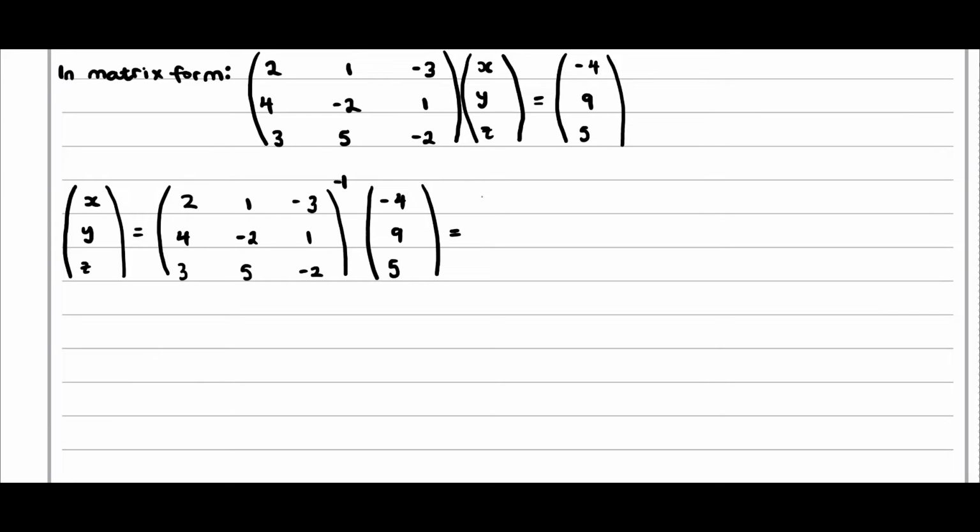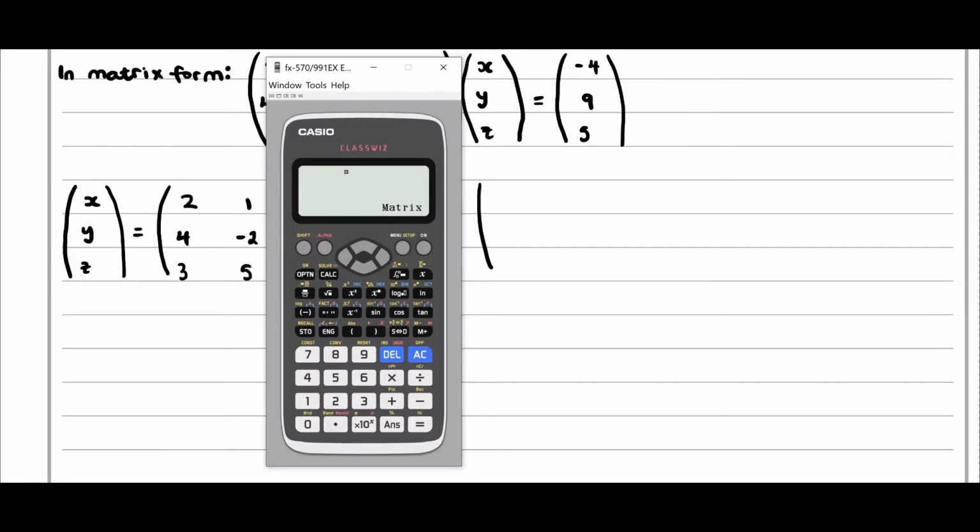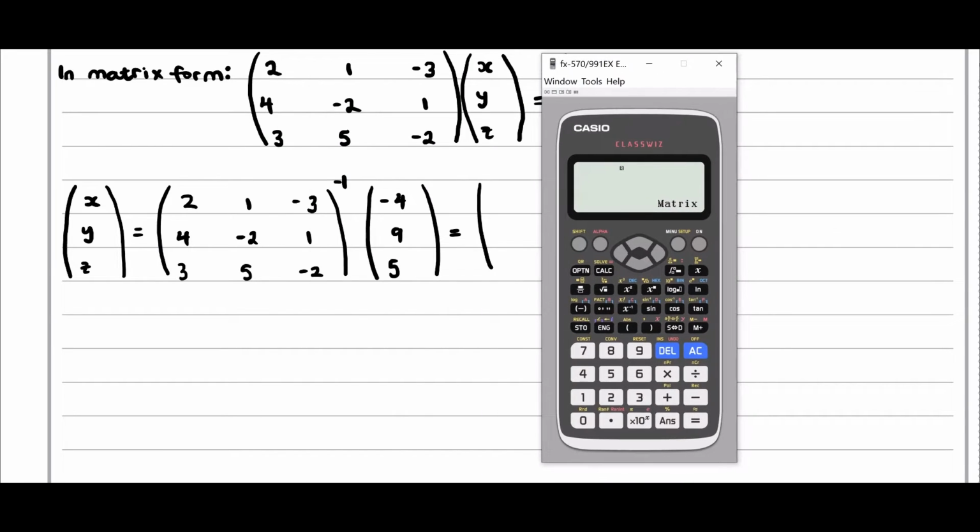So if we work this out, if we grab our calculator, we now need to define a matrix B. So if we press options, press number 1 for define matrix, we will define matrix B, 3 rows, 1 column. The elements of matrix B would be minus 4, 9, and 5.